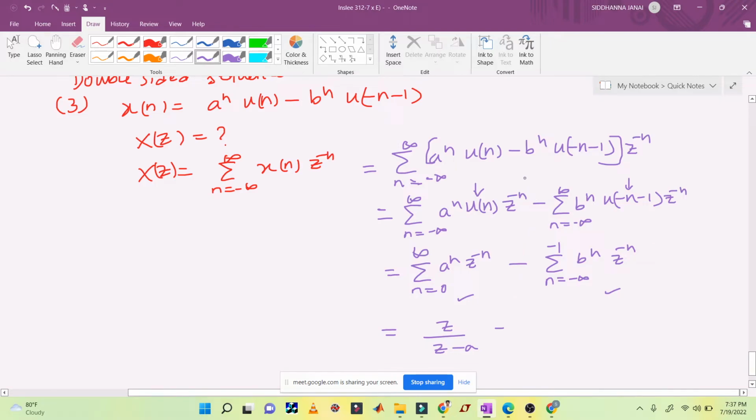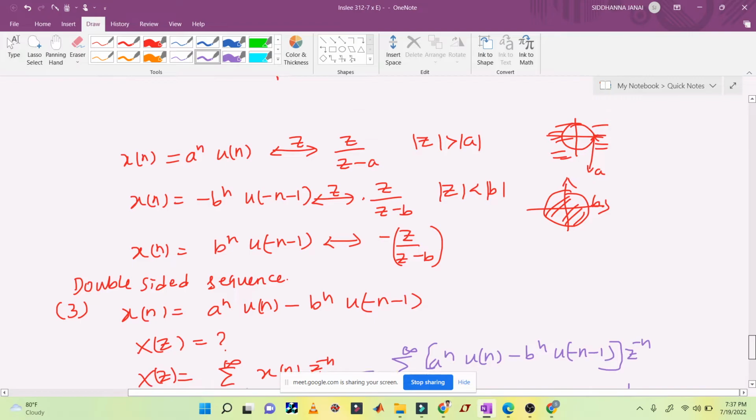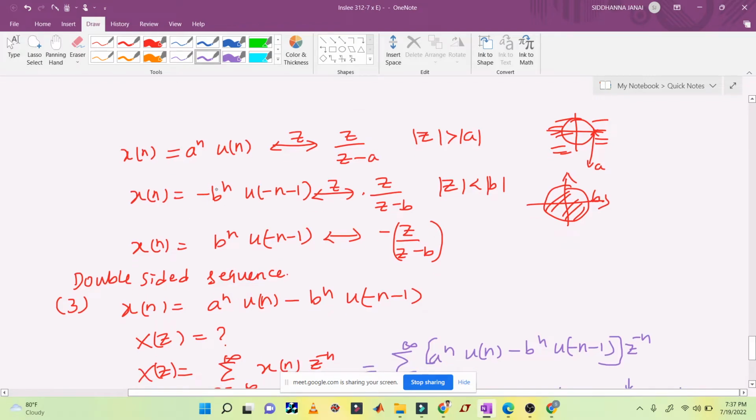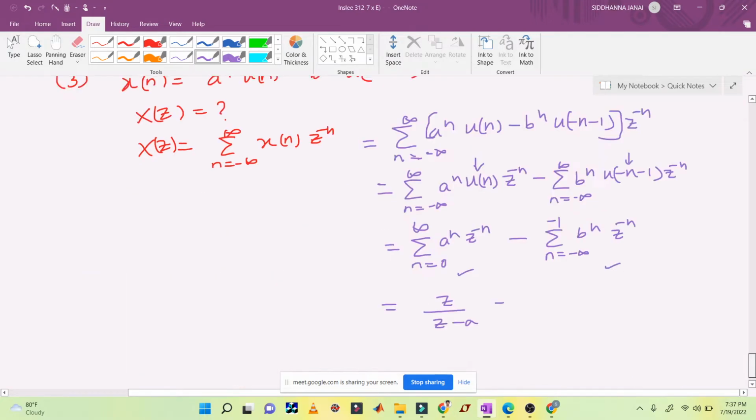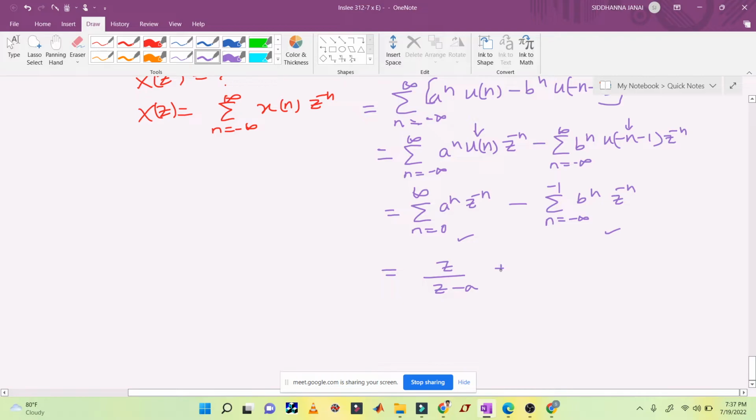Here it is subtraction, but what we have from the relations, minus of b power n u of minus n minus 1, is plus z divided by z minus b. So we need to put here a plus z divided by z minus b. Okay, and what is ROC?